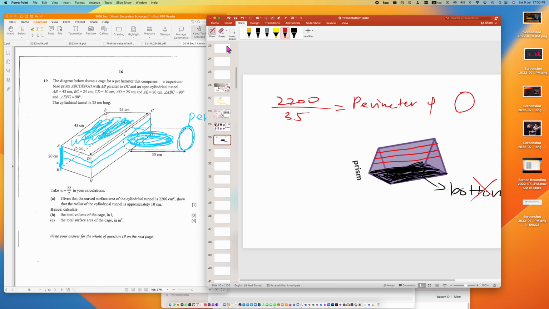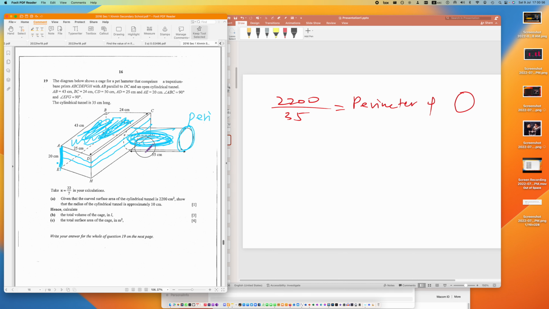Can you help me out? It is 62 and 6/7. Oh, you give me a mixed number only when it's a final answer.